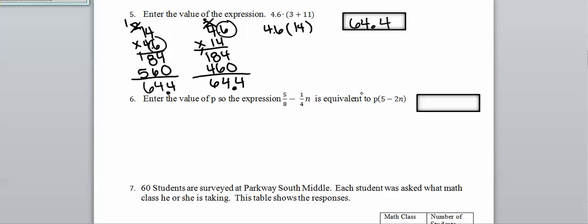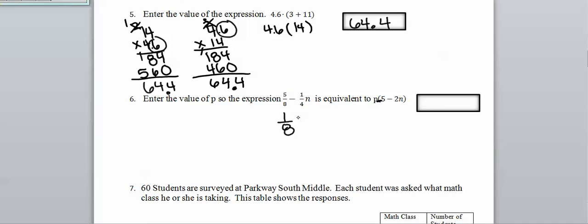Okay, next one. Enter the value of P so that this is equivalent to this. And our 5 was negative. Okay, so when I do this, I'm going to take and multiply by 1/8 because I'm dividing all of these by 8 essentially.